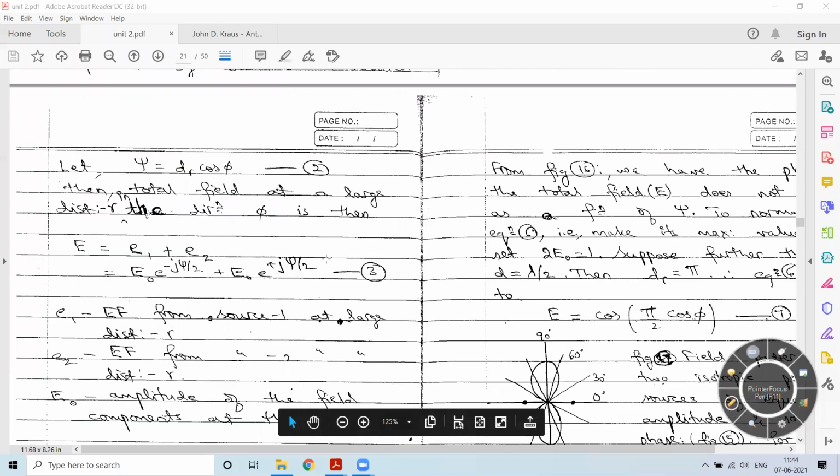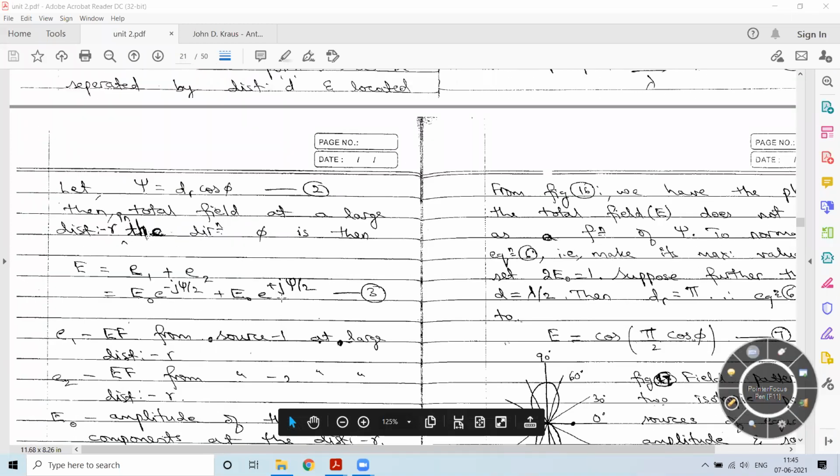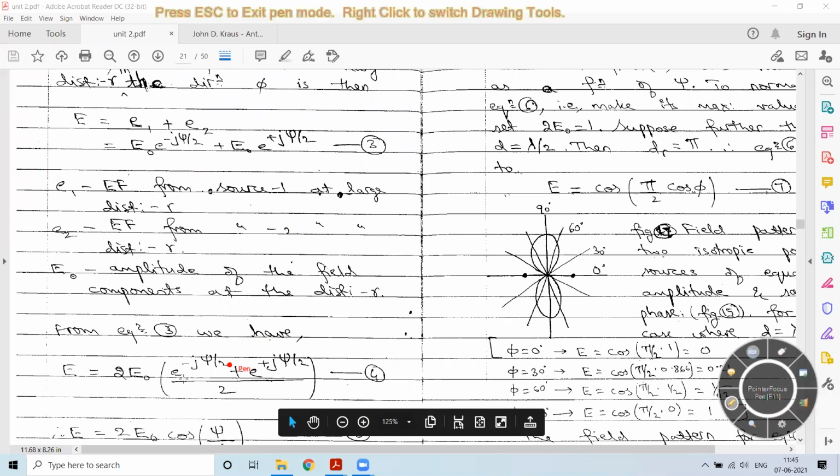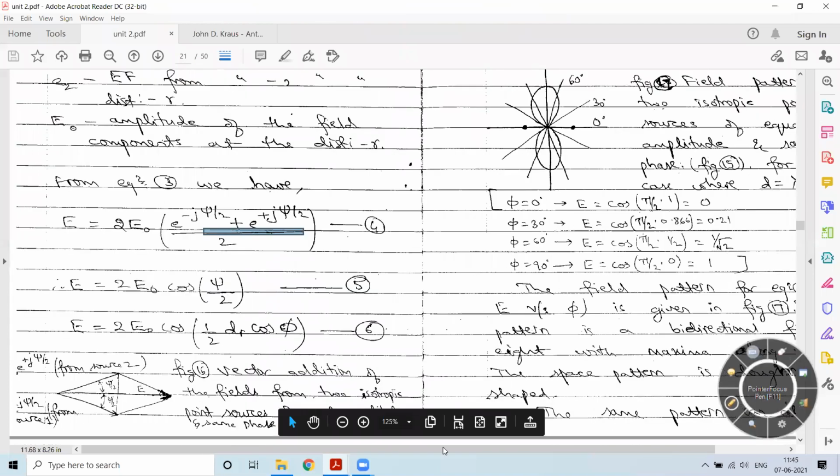Now when we simplify this, we take E naught common. It turns out to be E naught times e raised to minus j psi by 2 plus e raised to plus j psi by 2. Now we represent this in terms of sine and cosine.